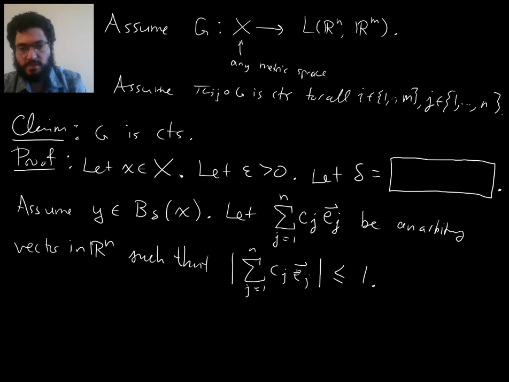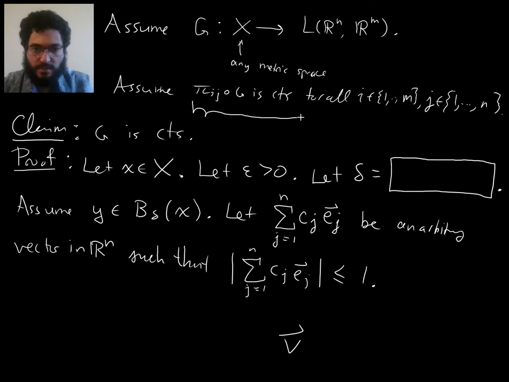And the reason I'm writing it out in the standard basis like this, instead of just calling the vector v or something, is because I know that eventually I'm going to want to use this assumption that the standard basis matrix components of G are continuous functions. So I know that I'm eventually going to be breaking things down in terms of the standard basis. So it will help.